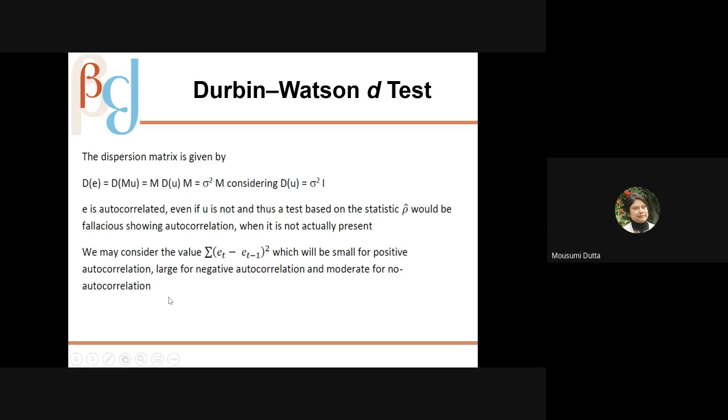Okay, so we have to understand this. We are saying that the standard rho hat defined in terms of e will fail because it will always show autocorrelation. So we need to modify it, and we are bringing the term summation (e_t minus e_{t-1}) whole square.